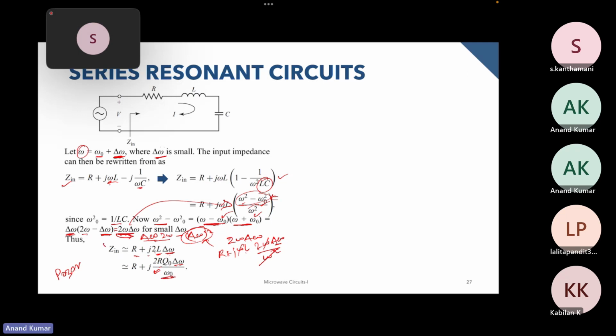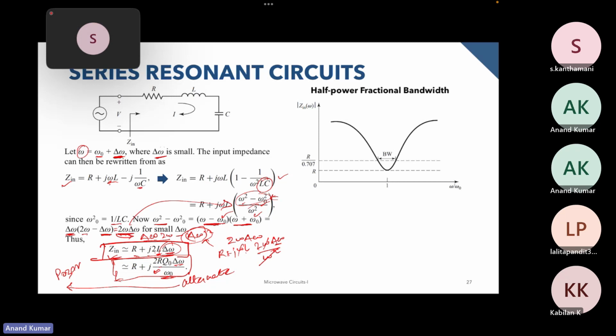So essentially, we are ending up with this input impedance looking like this, and this is an alternate form. You can refer to Pozar for this. So these are the two ways in which you can write the input impedance in terms of the slight disruption away from resonance.